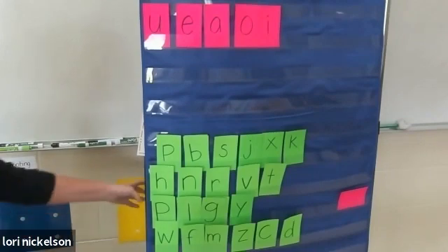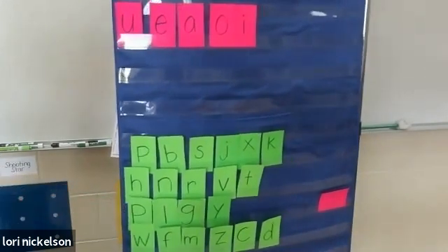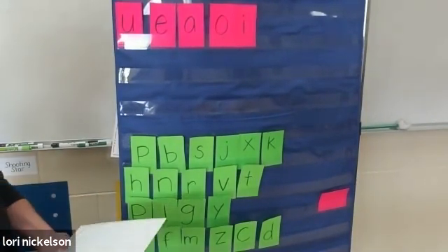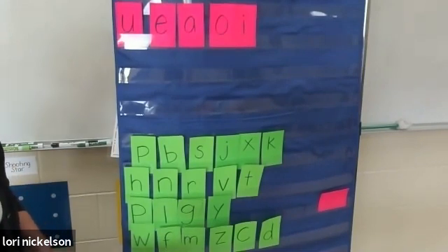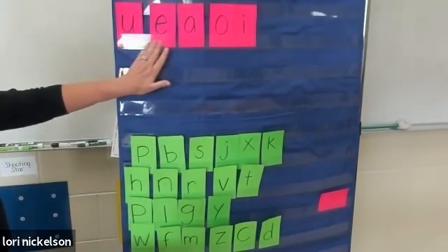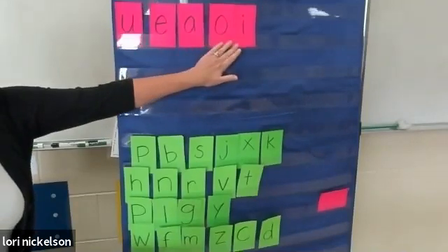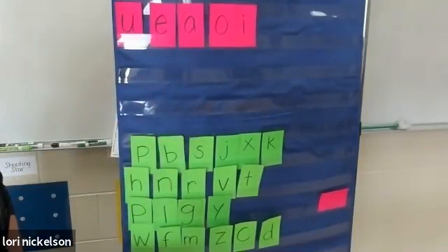So, our pocket chart, we have the vowels, U, E, A, O, and I, and we have all of the consonants along the bottom here.